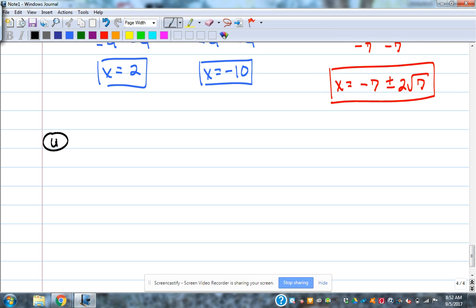All right. As tough as they get: 3 parentheses x minus 2 squared plus 8 equals 57. Pretty strange problem, but doable.